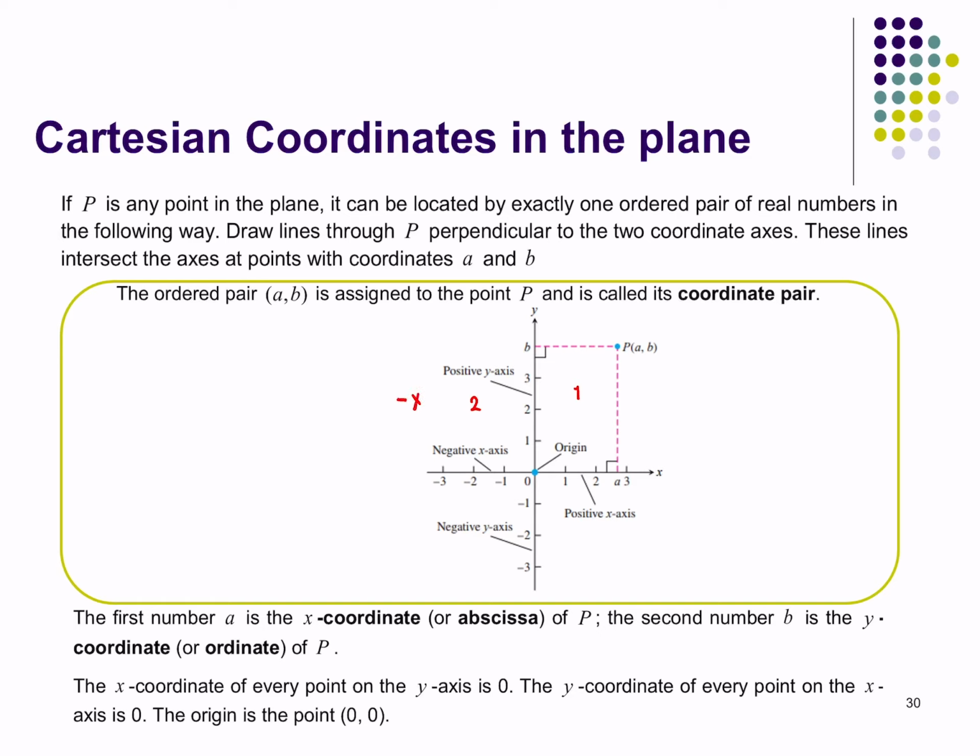The third region lies along the negative x and the negative y, meaning you go to the left side of the x and downwards along the vertical axis. The fourth region is where the point lies in the positive x-axis and negative y, meaning downwards along the y direction.